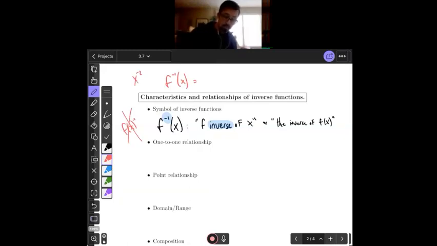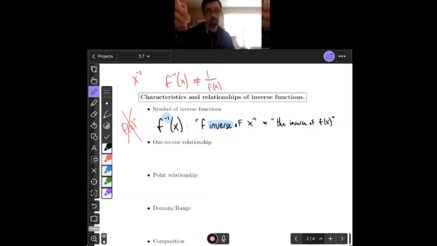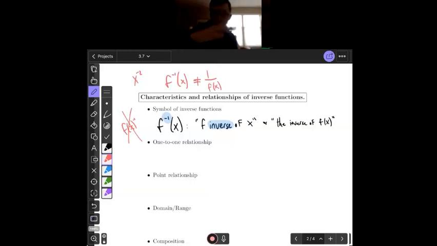That does not mean this. Negative exponents meant fractions. So this notation does not mean that here. This is not an exponent. We're purely using that symbol to stand for the inverse. They're not trying to mean something else by it. So you just got to be really careful about mixing those things in your head.